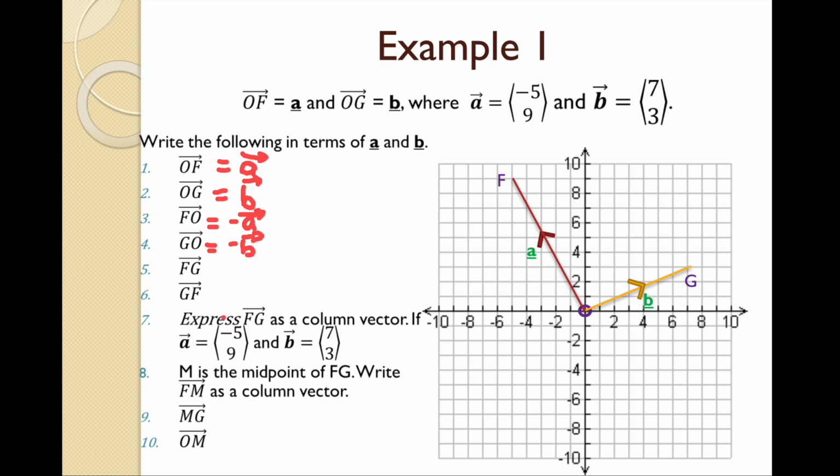No. Remember what we used to say. If I want to get from F to G, what do I have to do in this instance? What's the common point? Oh, so I would say FO. We're using our same principles from last time. FO plus OG. And what is FO? We said FO is negative A. And we're adding that to OG, which is B. So you could write your answer as negative A plus B, or what's another way of writing this?